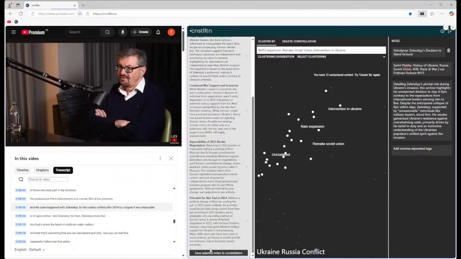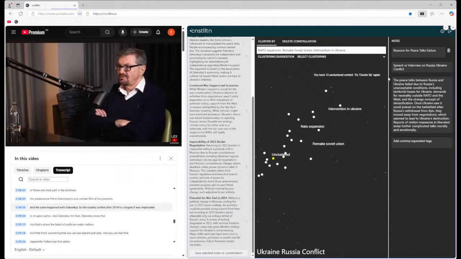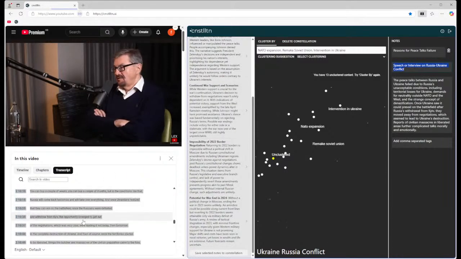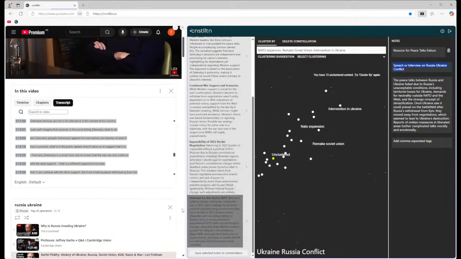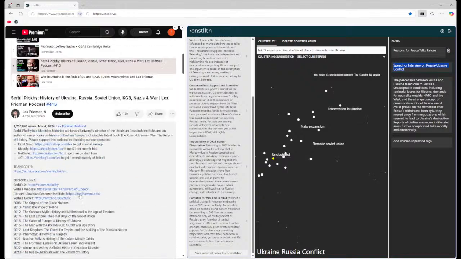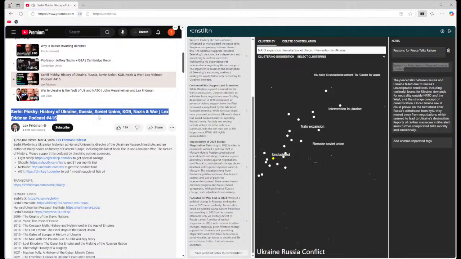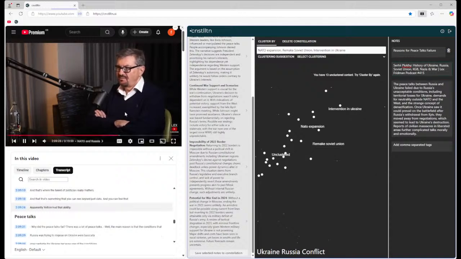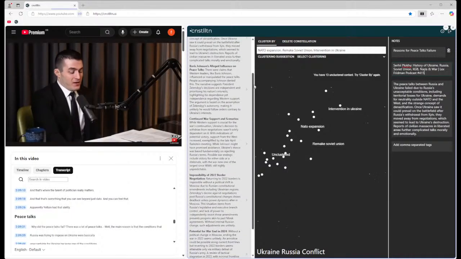So the country unified after 2014 to a degree it was impossible to imagine before, and Zelensky felt that. Zelensky knew that. And that's where the talent of a politician really matters, and that's something that you can see beyond just data, and you can feel that. Apparently, Yeltsin had that ability.